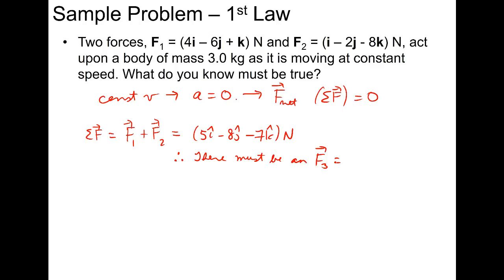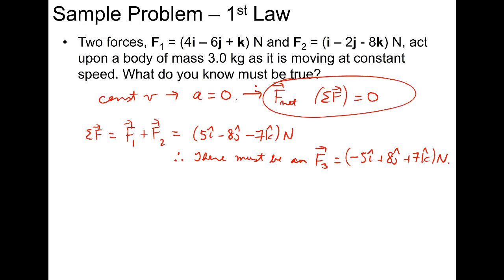We know that this F3 has to cancel out the sum of F1 plus F2, so it has to be negative 5i hat plus 8j hat plus 7k hat newtons. That's the conclusion we have to come to because the net force must be 0. So if we take our F1 plus F2 and then add to that F3, we should result in 0.